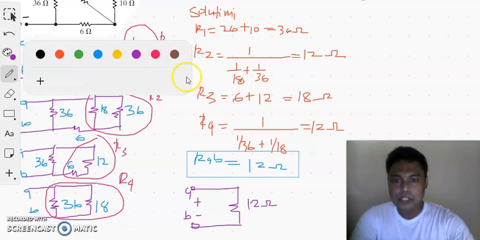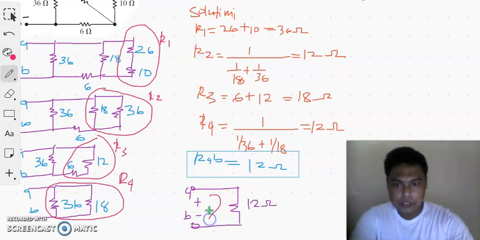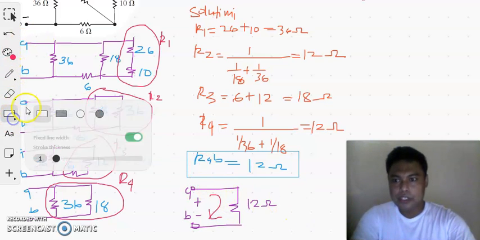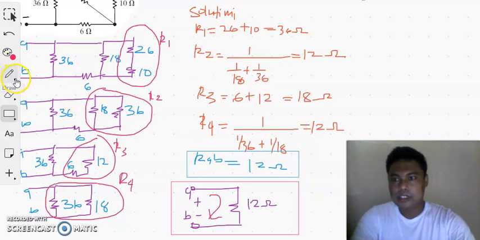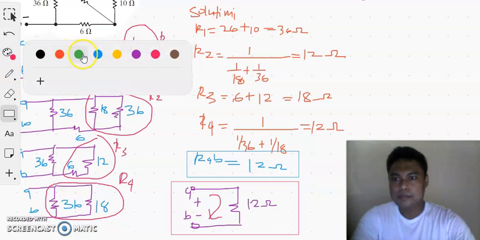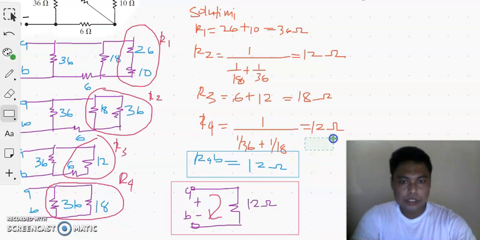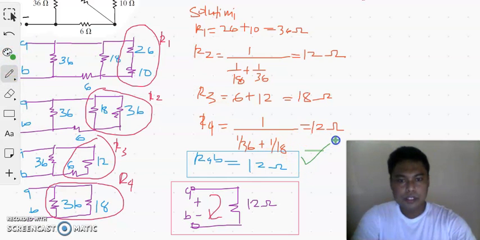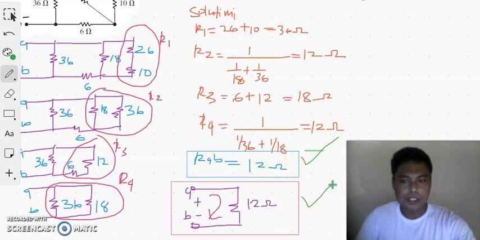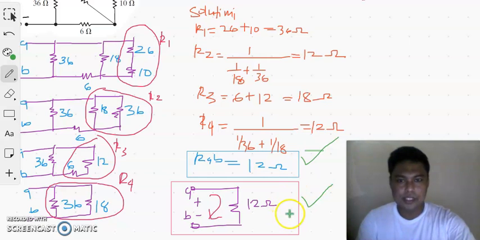Okay, so therefore this is the total equivalent circuit. This is the total equivalent resistance.